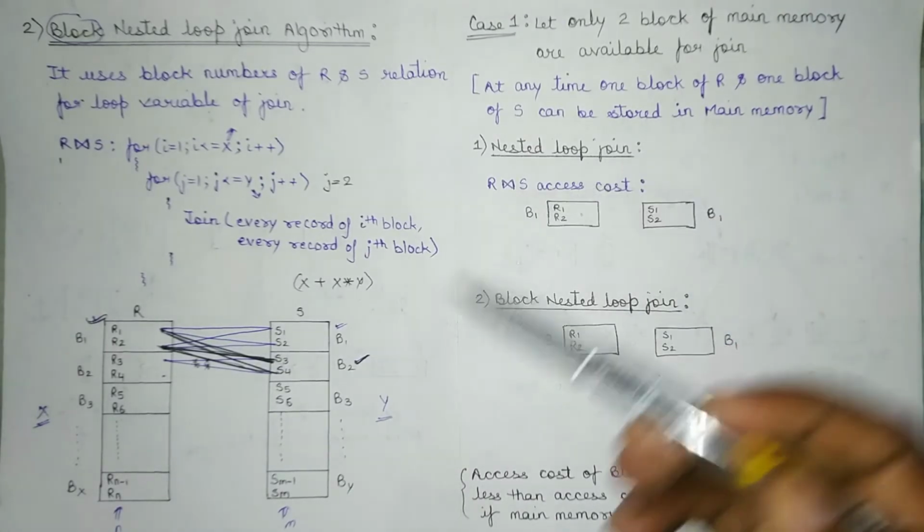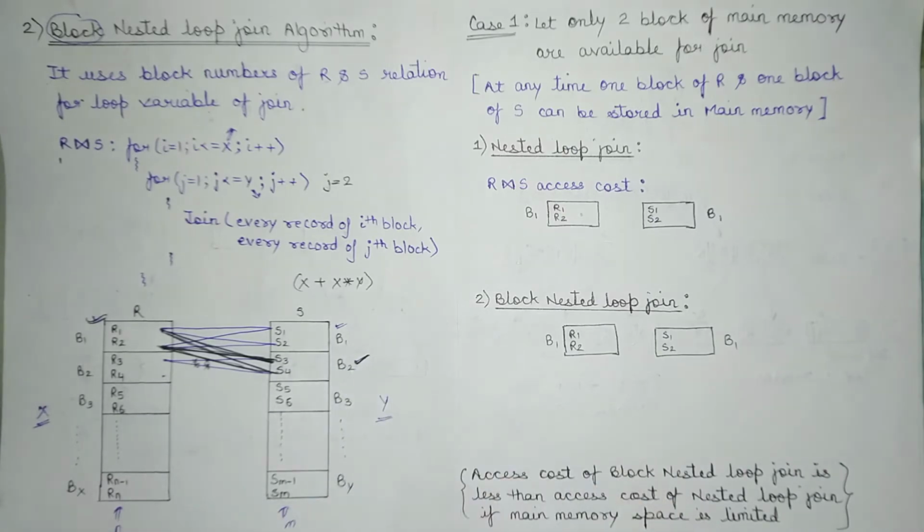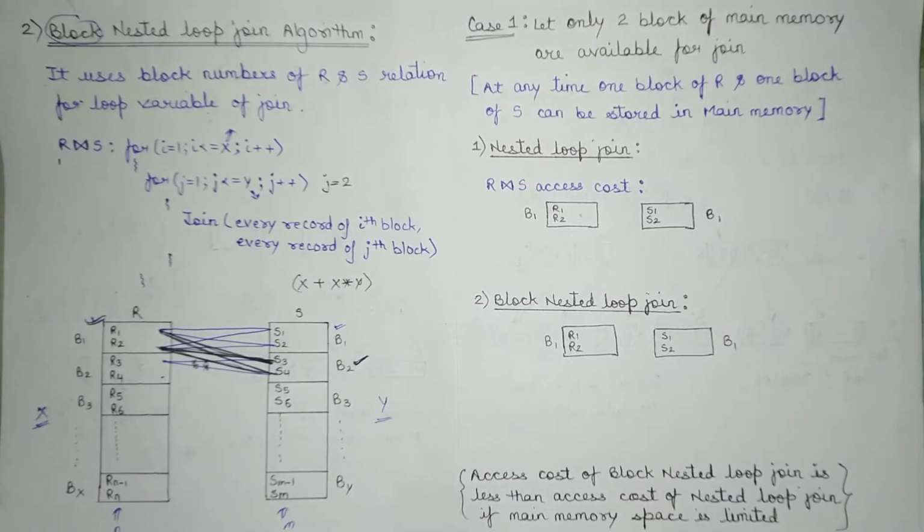Similarly, if you take both blocks of the relation S, you will not be able to perform the join operation with relation R. So the best possibility is to take one block from relation R and another block from relation S. Now we have to find out the access cost.